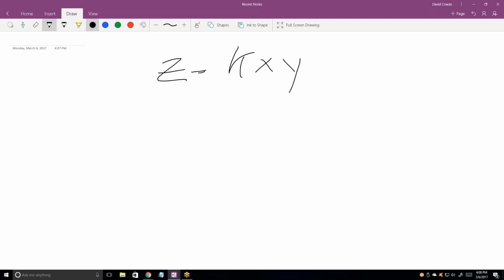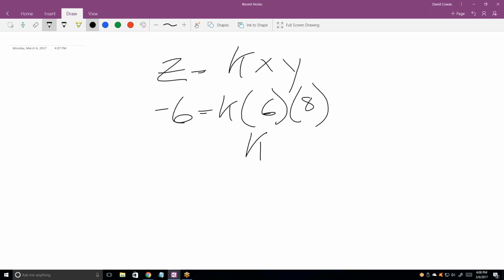Yep. Okay, so then it would be z equals kxy, and then plugging it in, you would have -6 equals k times 8 times 6, and then that would be -6 equals 48k. Make sure you divide. So then k is equal to -6 divided by 48, or 6 times 8, right?